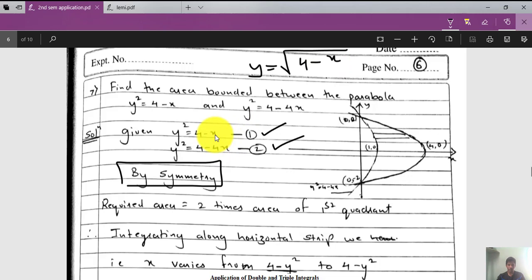If I take x equal to 0, the value of y will be 2 here, right? So y square is equal to 4, I will take plus or minus. So when I take x as 0, y is equal to plus 2 and minus 2.